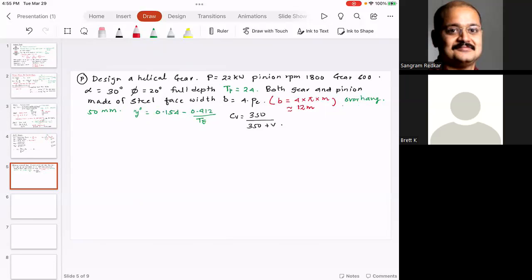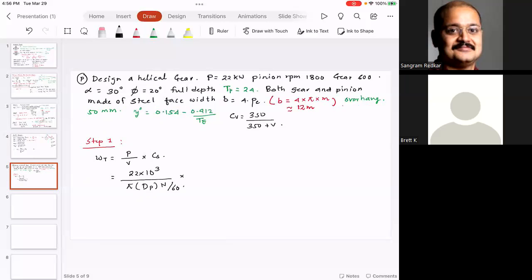So step 1, we are going to find out WT. WT is equal to P divided by V multiplied by CS. P is 22 times 10 to the power 3 divided by pi times diameter of the pinion multiplied by N divided by 60 multiplied by CS.